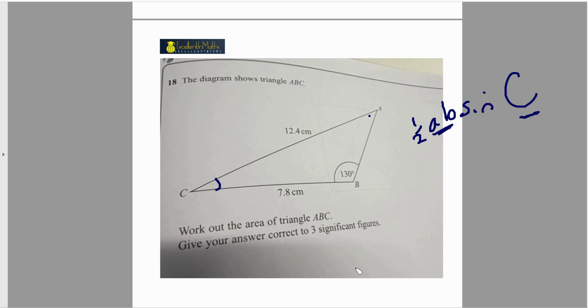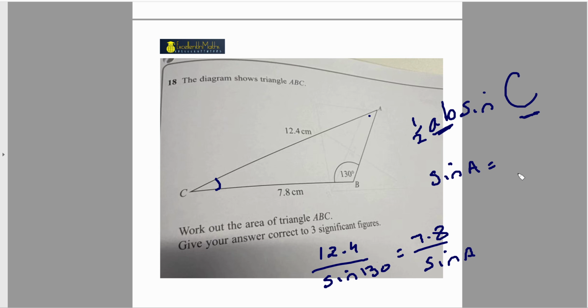So if I go for the sine rule, it's going to be 12.4 over sine 130 is the same as 7.8 over sine A, whatever is angle A. I cross multiply and find sine A equals 7.8 times sine 130 all over 12.4.